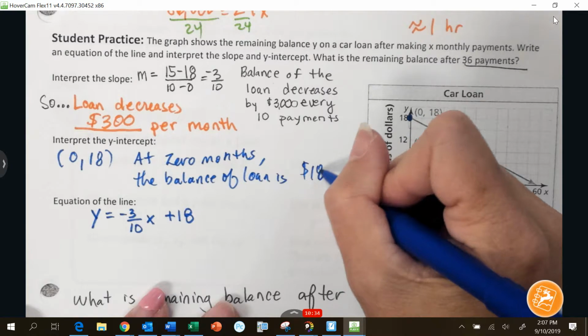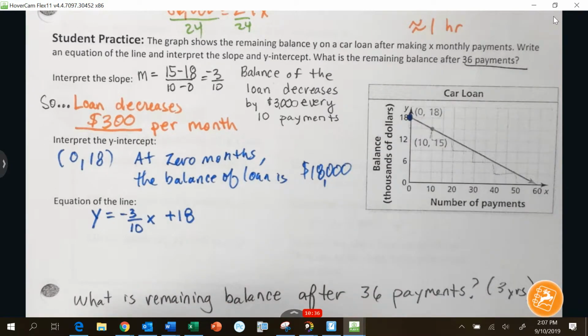That's a whole lot. Your car could have been $30,000 and you paid $12,000 up front and then got a loan for the rest, the $18,000. That doesn't mean that's how much the car costs, but maybe the car was exactly $18,000. This is just how much you got a loan for.